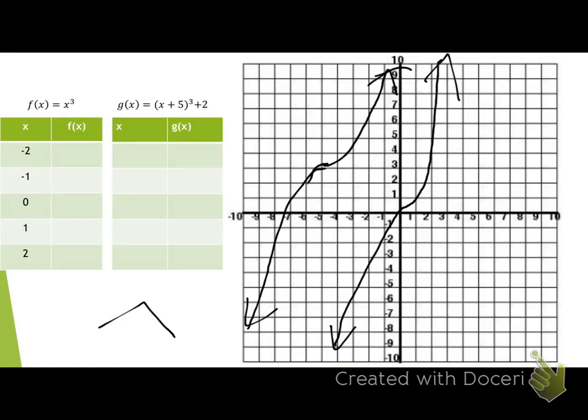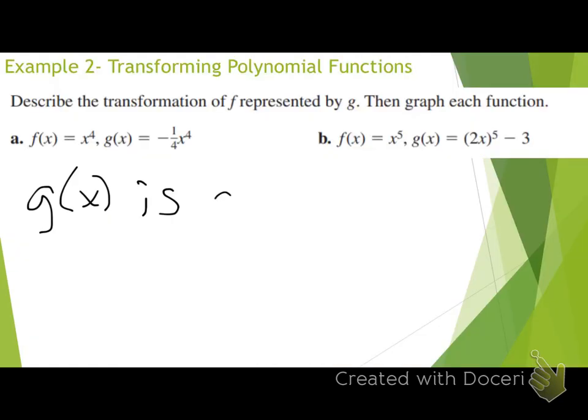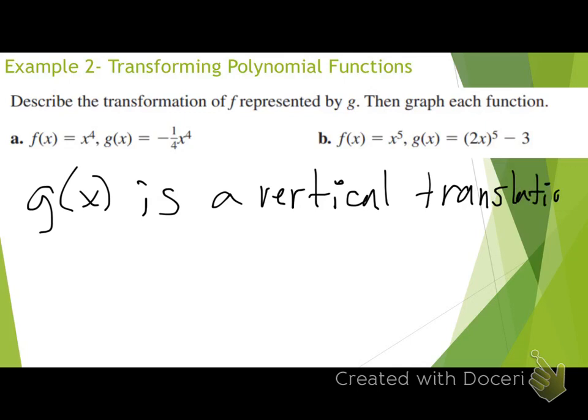Very good. So g of x is a vertical translation 3 units down. Everyone okay with identifying that vertical translation? 3 units down.